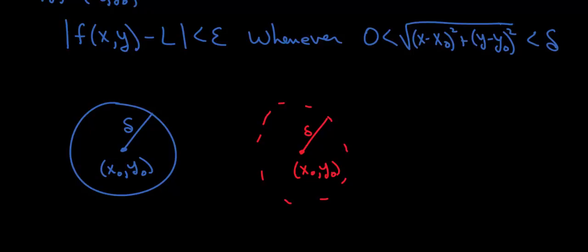Now, this right here, we're going to refer to as a closed disk. And this one right here we'll refer to as an open disk. So if I ever say a closed disk, I'm talking about a circle like this. And if I say an open disk, I'm talking about a circle like this. There's a difference in the way they would be described mathematically.